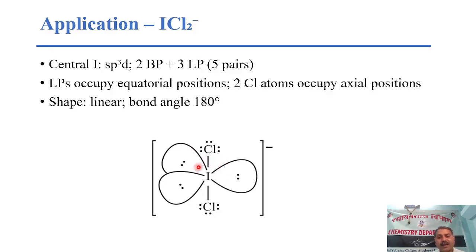They are 120 degrees apart from one another, and the 2 chlorine atoms occupy the axial positions. So the geometry of this molecule should be trigonal bipyramidal, but the actual shape of this molecule is linear. So it is a linear molecule with a Cl-I-Cl bond angle of 180 degrees.